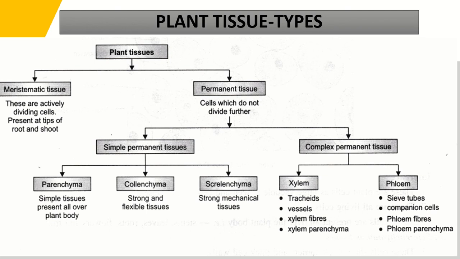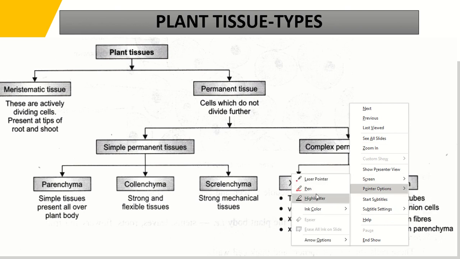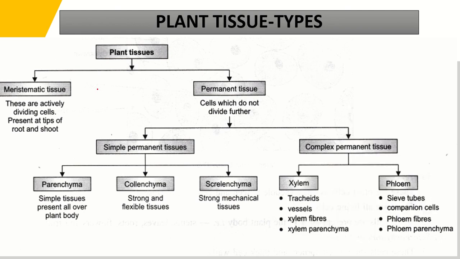Children, plant tissue is first of all divided into two types on the basis of power of division. That means if the tissue has the power of division, then it is called meristematic tissue. Okay. And if the meristematic tissue has lost the power of division, then it will transform to permanent tissue, which consists of cells which do not divide further.